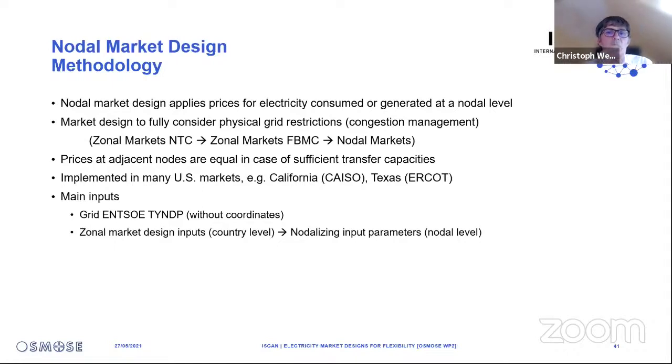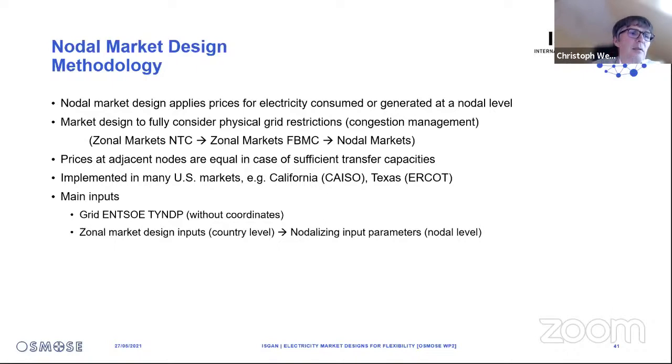because in a nodal market model, we have to consider all the grid constraints, all the line capacity limitations, also within a country. And so as put here, nodal markets take much better into account the physics of electricity transport, and they should therefore provide more efficient price signals.